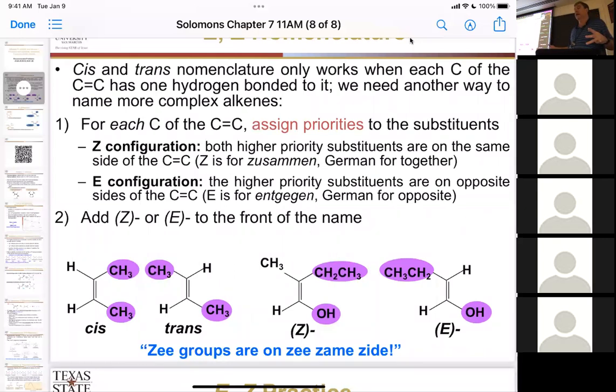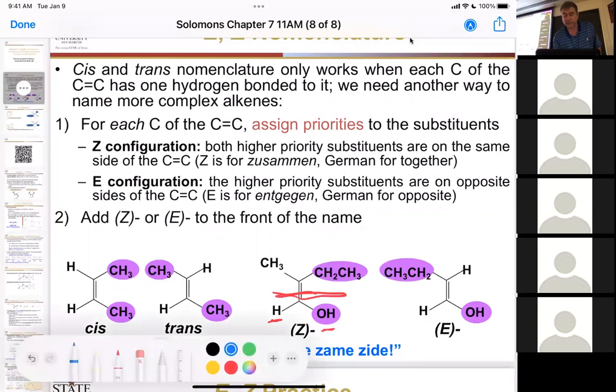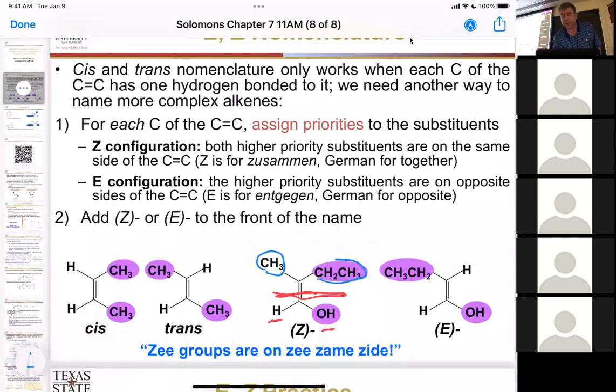4 is isotopes, right? So in that case, let's look at this one right here. What we do is we look at each carbon of the double bond and we decide which group has the highest priority. In this case, the hydrogen is going to be lower priority than the oxygen, which makes the OH the higher priority group on that side. Then we look at the other side and find out this is a methyl group, this is an ethyl group, which makes this the higher priority.